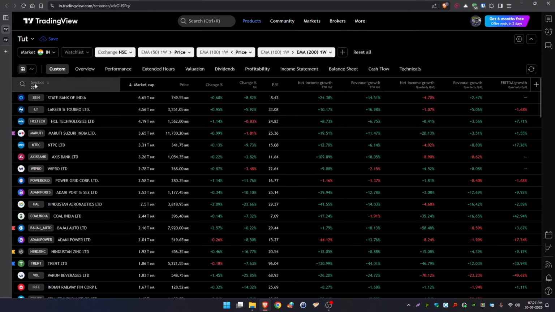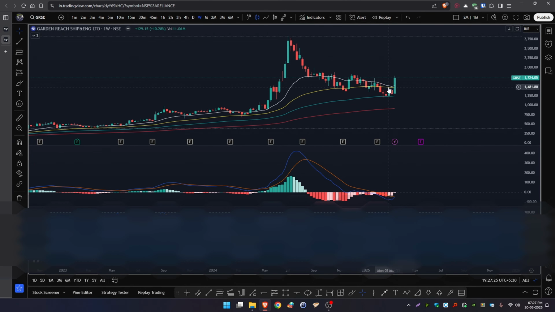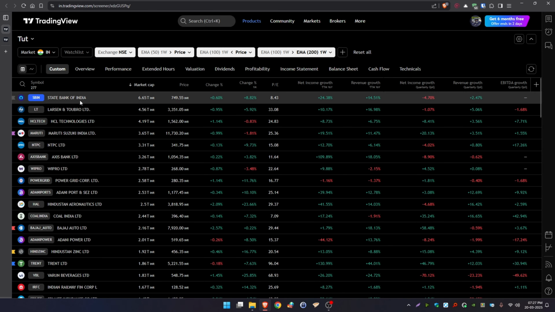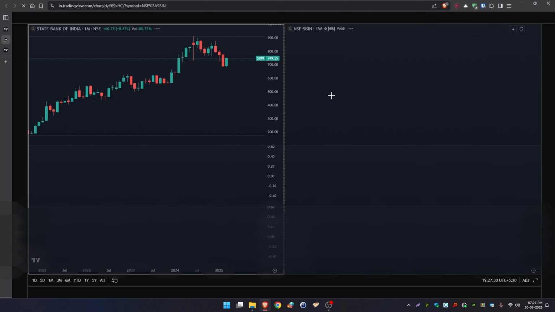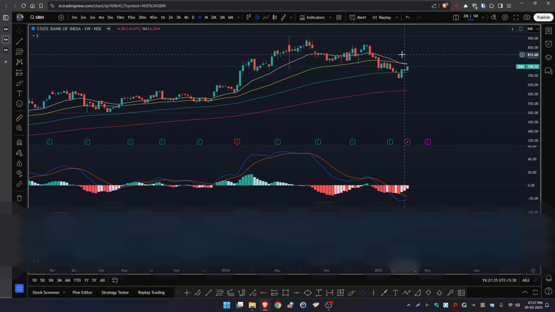So from 332, you've come to 277 symbols. Right? So you get stocks that are sandwiched between the 50 and 100. So if we open SBI, what do we get? We get stocks that are trading between the 50 and the 100.